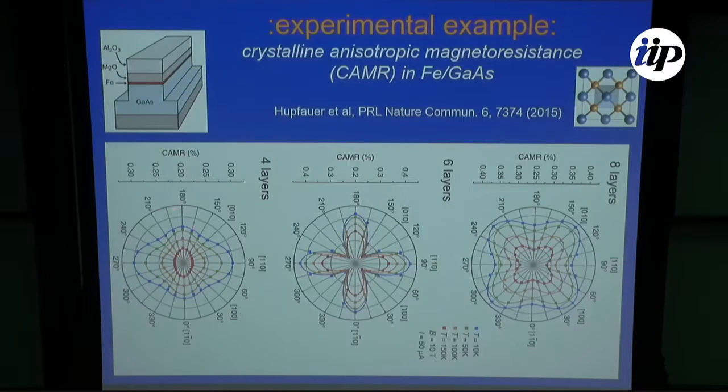Then you change the number of monolayers of iron from 4 to 6. If you read horizontally, this is 6 layers. The symmetry is still C2V, but it looks more like four-fold now. And then when you go to 8 layers of iron, the symmetry is four-fold, but the principal axes of the symmetry are rotated, because these are the principal axes of bulk iron.